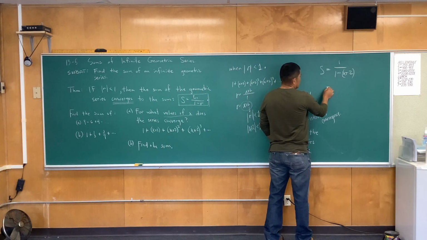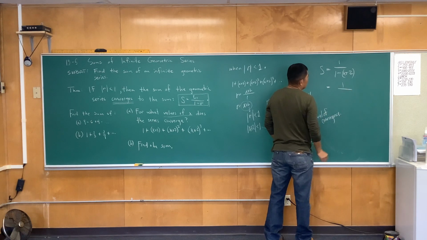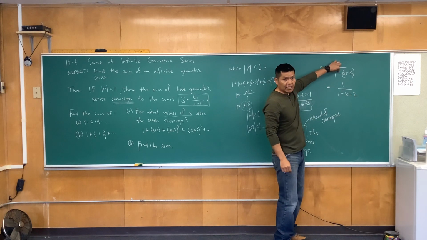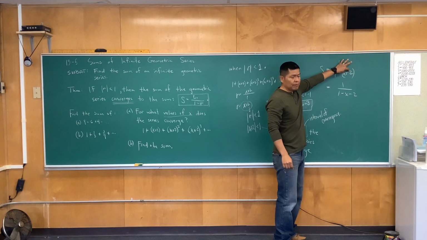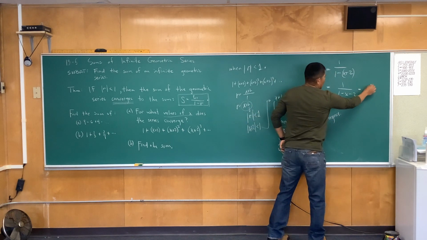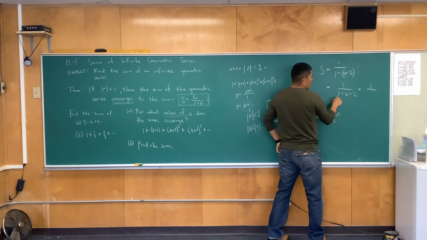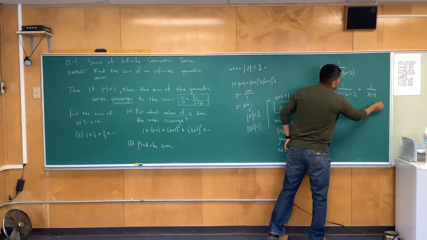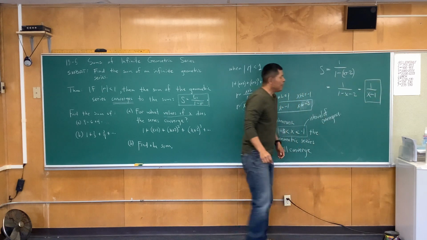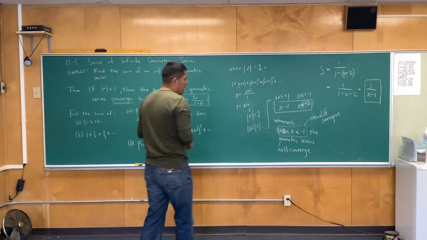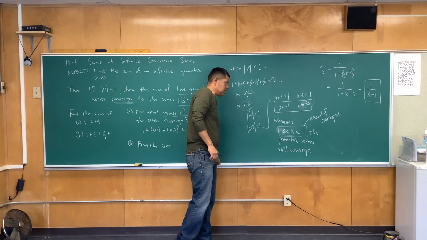So this becomes 1 over 1 minus x minus 2. All I'm doing is distributing the negative sign to the x and the 2. Then I simplify this and I get 1 over negative x minus 1, since 1 minus 2 is negative 1. And there's my sum. Hopefully that gets on the screen. If not, then we'll have to adjust that.